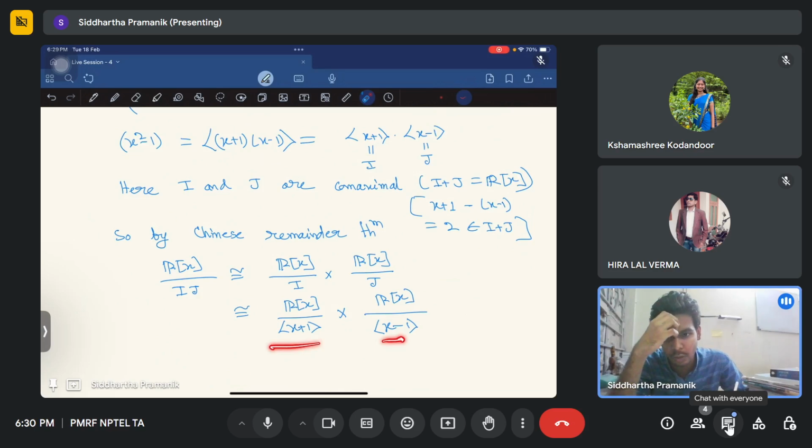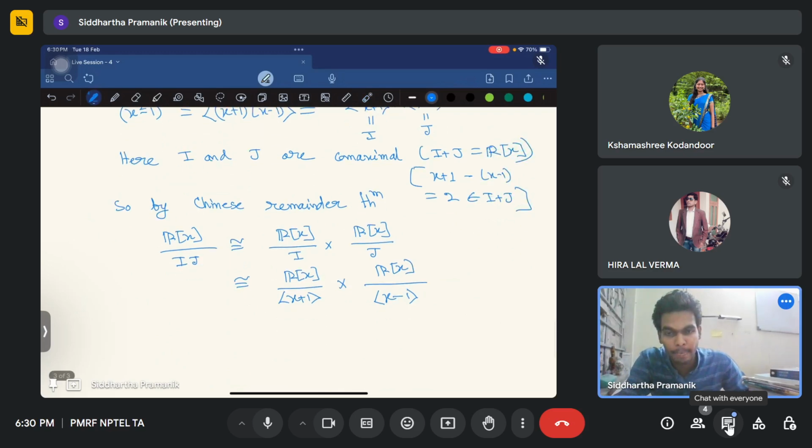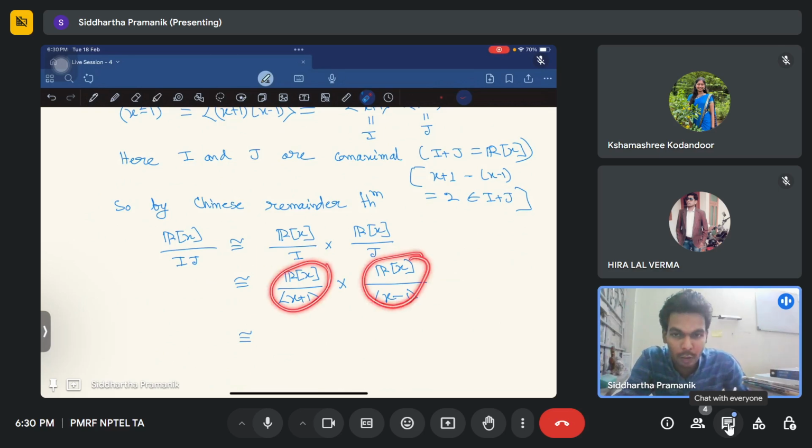I think you have seen this in the earlier problem solving sessions, or even in the lectures. Can you identify this quotient and this quotient with something known?